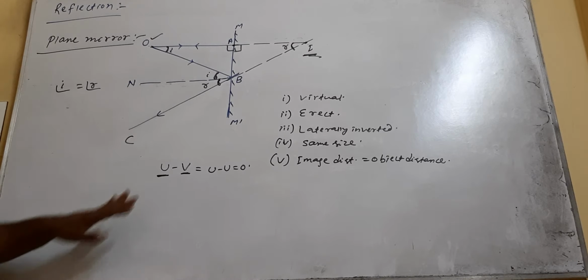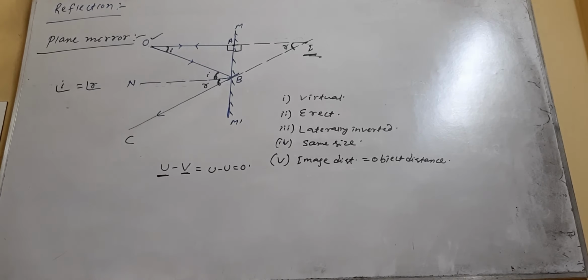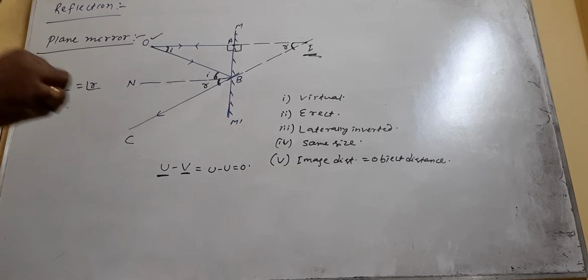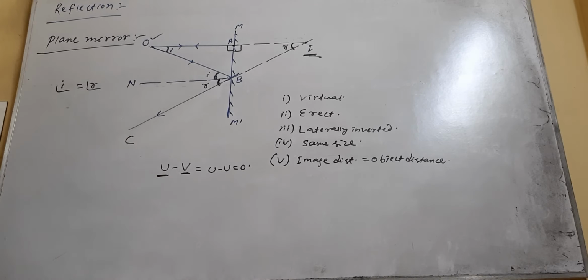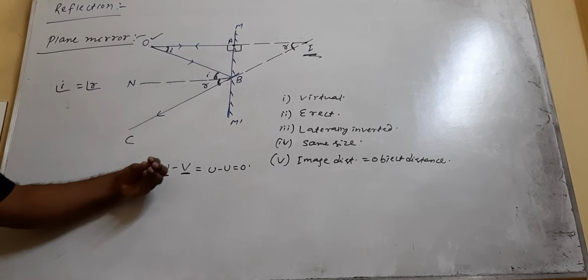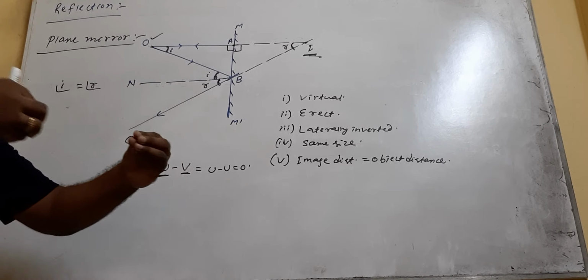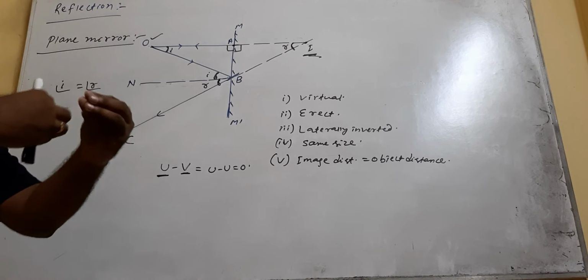Similarly, here on this wall you have the plane mirror, and you are moving toward the wall perpendicularly. What is your relative velocity with respect to your image? If you are moving with velocity 10 meter per second, then you will find your image is moving with the same speed in the opposite direction.